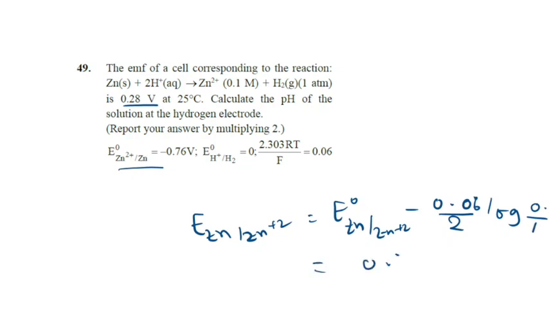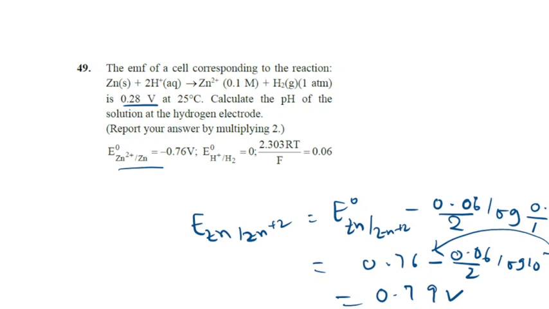If you substitute the value here, you will get 0.06 divided by 2 into log 10 power minus 1, where we are going to get a positive sign here, and this is 0.03, so the answer will be 0.79 volts, right?